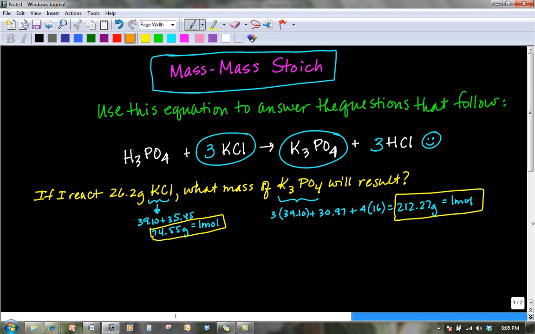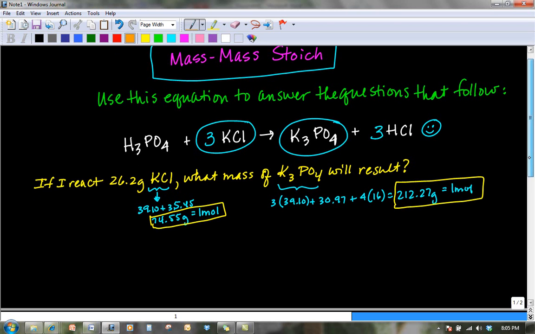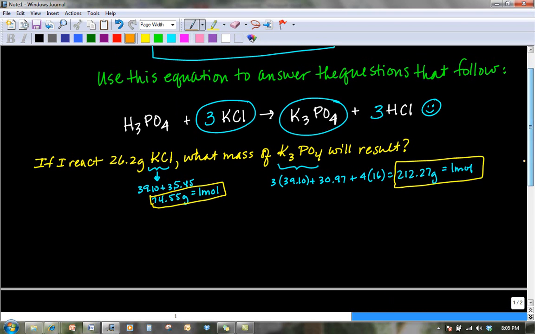Alright, so now that I've done that, I can start to solve the problem. So just like with any stoichiometry problem, you always start with what we're given. What we're given here is 26.2 grams of potassium chloride. So I'm going to write that first.